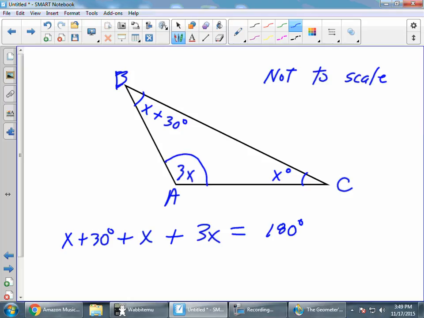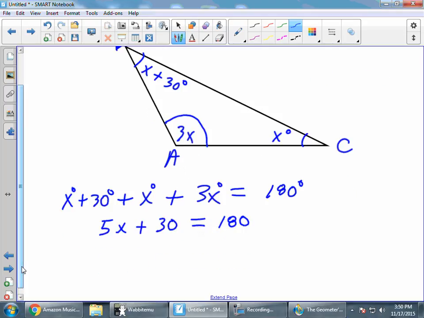That's the deal. So if we know that x plus 30 degrees plus x plus 3x equals 180, we can algebraically solve for x and know what these are. So how many x's do we have? Well, degrees. Here's 1, here's 2, here's 3. 1 plus 2 plus 3 is 5x plus 30 equals 180.